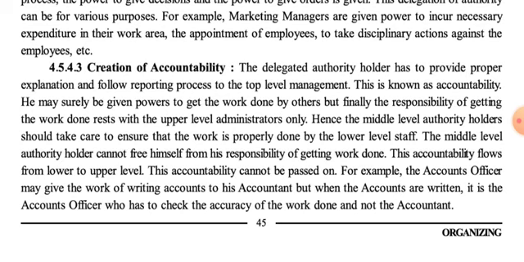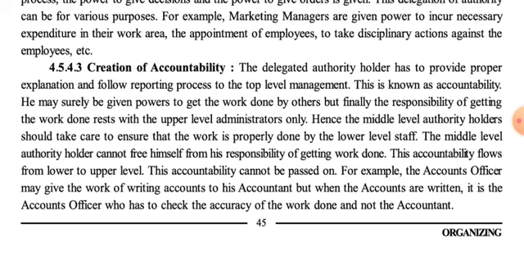But when the accounts are written, it is the account officer who has to check the accuracy of the work done and not the accountant. In both cases, whether the work is completed or finished, it is the responsibility of the account officer to check the accuracy, whether the accounts are properly written or not, and if there are some deviations in it, then it is the responsibility of the account officer to correct it.